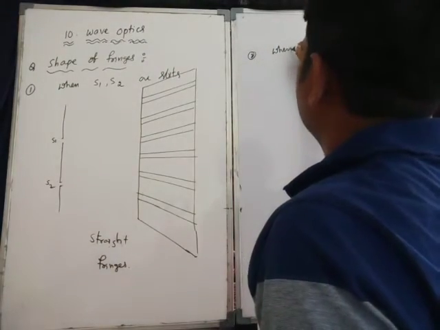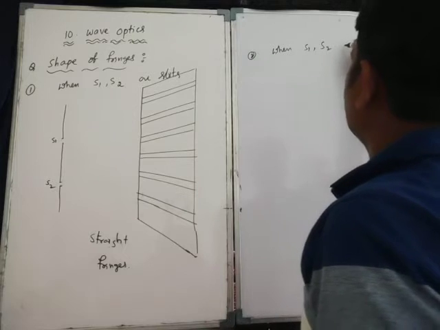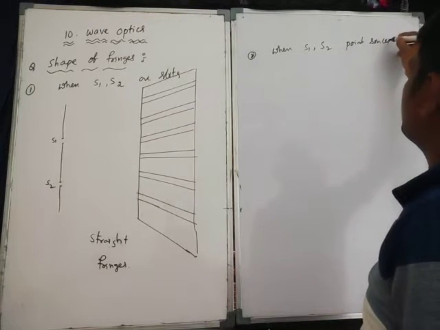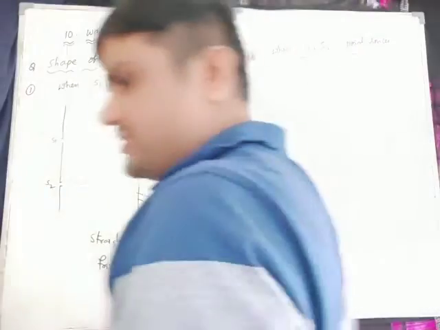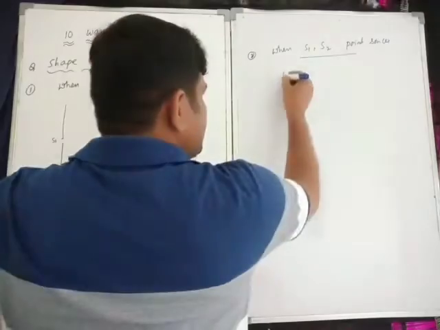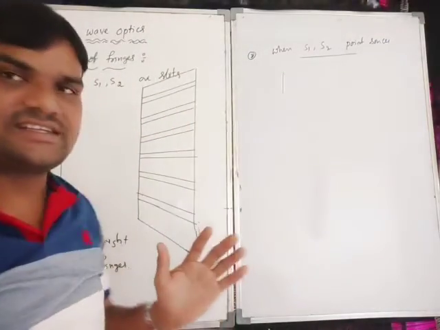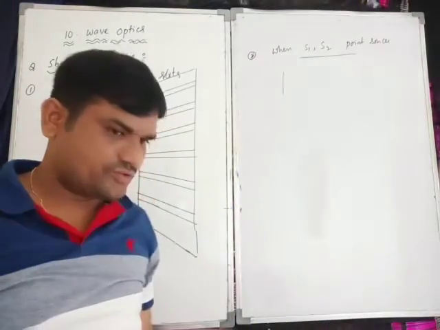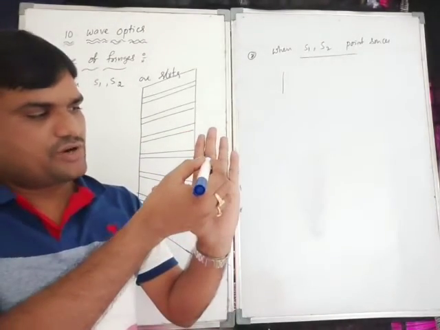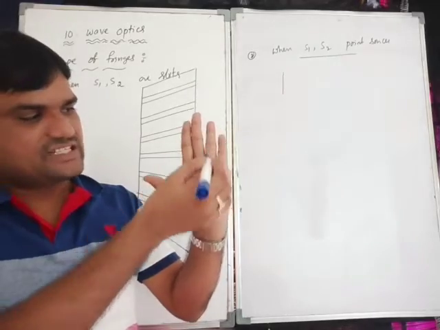Similarly, when S1 and S2 are point sources. A slit is nothing but, for example, a cardboard like that, and we draw the slit in this manner.